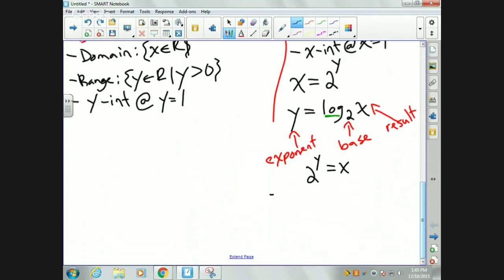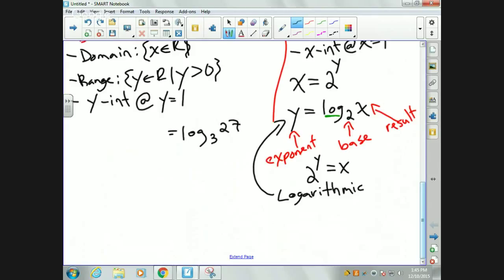So this is called a logarithmic function. Why would you write it like that? I wanted to show you the connection between the log form and this form right here. Ultimately today, what you should be able to do is, I should be able to give you something like this, log, let's say, 3 of 27, and you're going to tell me what that equals.